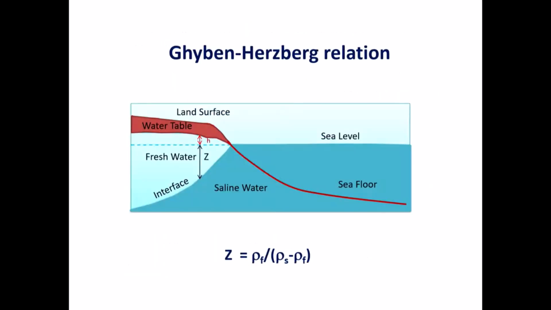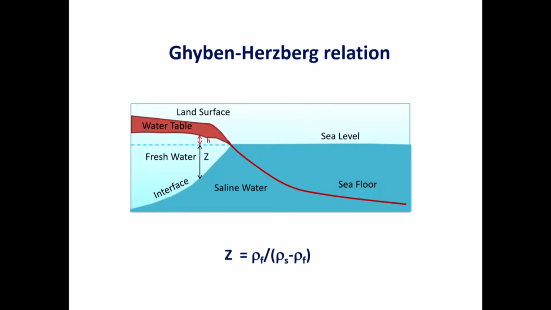So this is the Ghyben-Herzberg relation, which tells you that small h represents the fresh water height above the sea level, and z represents the fresh water level below the sea level. This equation says z can be estimated from the density of fresh water divided by the difference of density of fresh water and seawater.